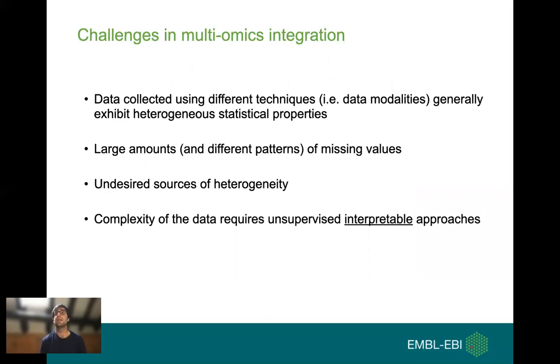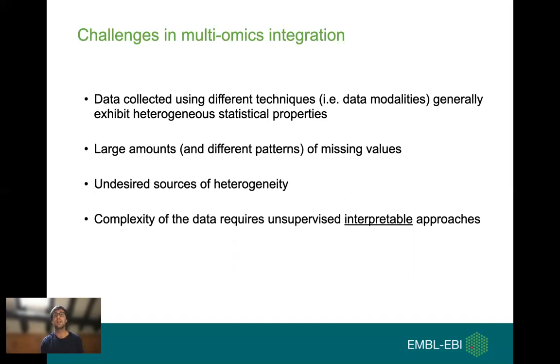What I mean by that is that some data sets are binary, another data set is continuous, and combining different data matrices that have different statistical properties is quite challenging. So you cannot just concatenate everything and run, let's say, a PCA.